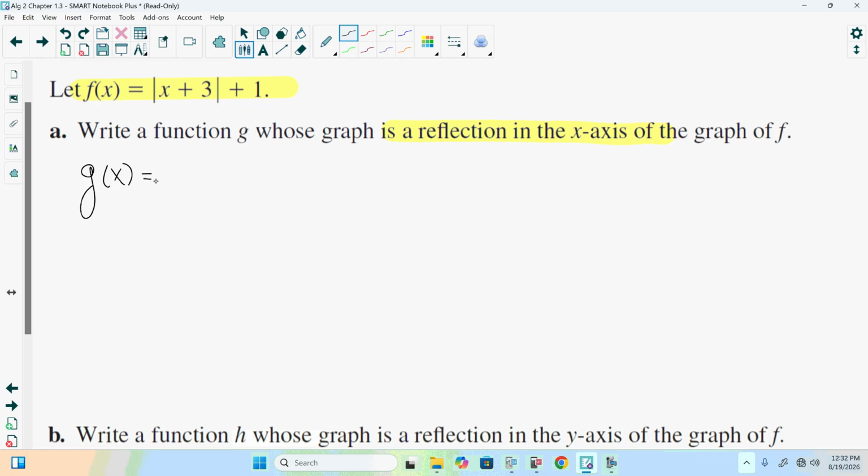Now, the general form for a reflection across the x-axis is negative f of x.